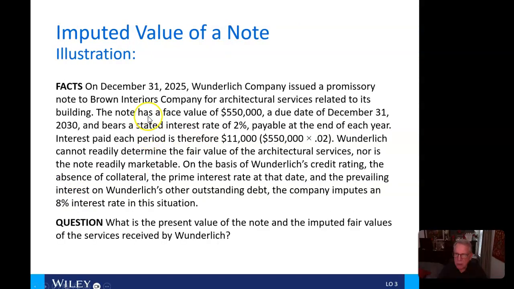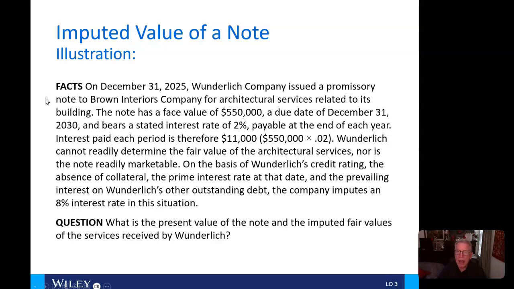Let's take a look at an example of an imputed value of a note. On December 31, the Wunderlich Company issues a promissory note to Brown Interiors Company for architectural services related to its building.